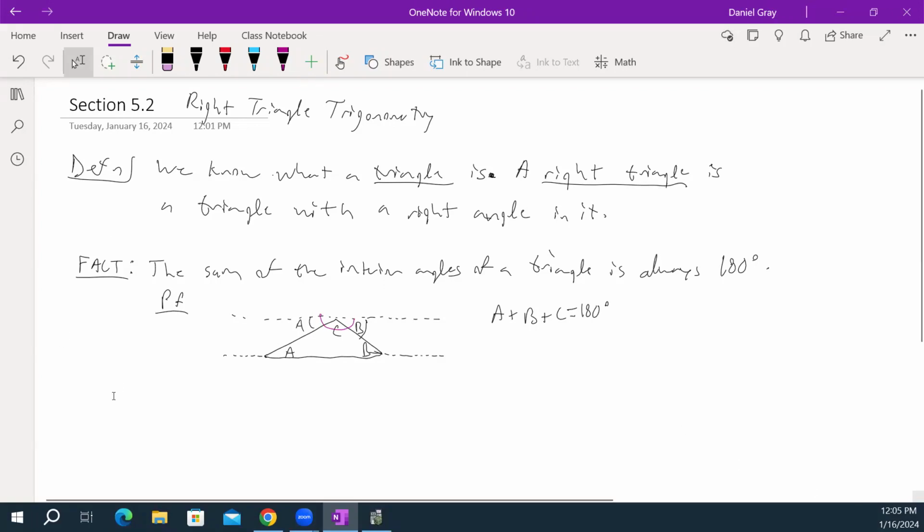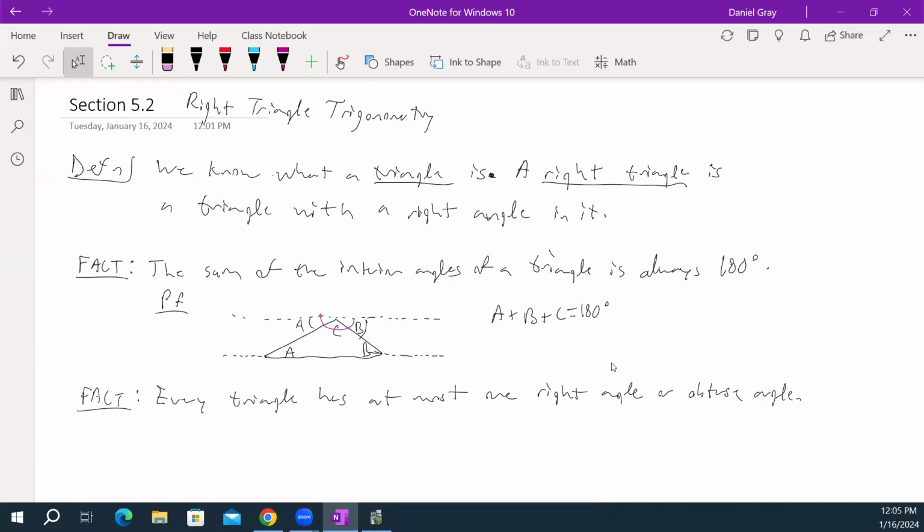Having that, the next fact is that every triangle has at most one right angle or obtuse angle. You can only have at most one angle that's greater than or equal to 90 degrees. It uses the previous fact.